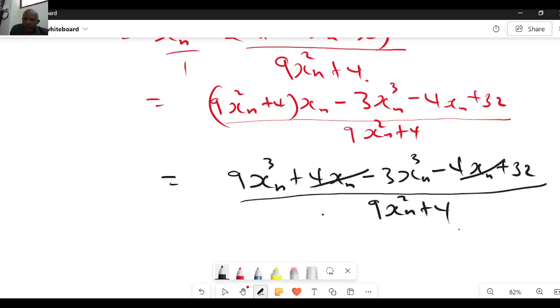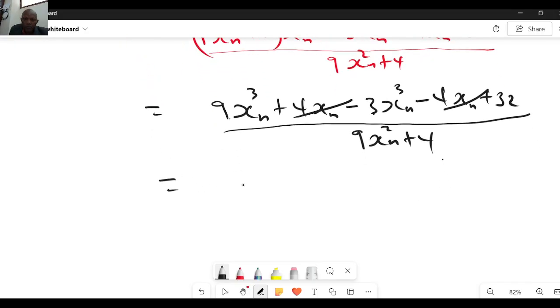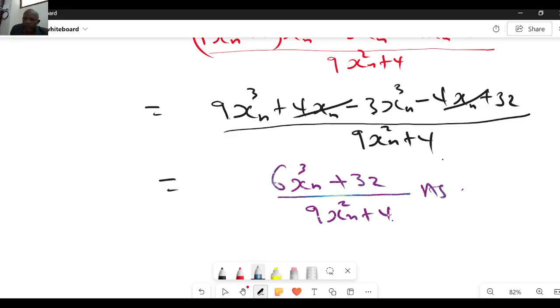These cancel. 9 minus 3 is 6, so you have 6xn³ plus 32 divided by 9xn² plus 4, as required.